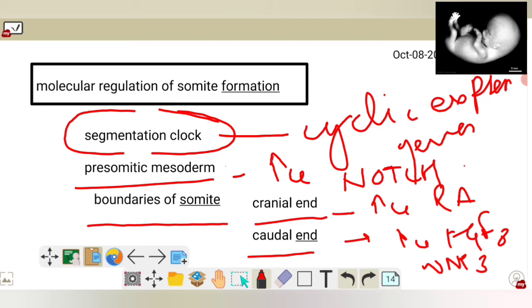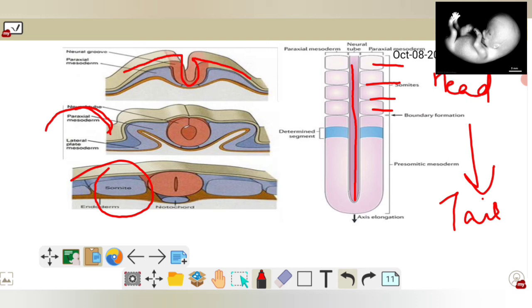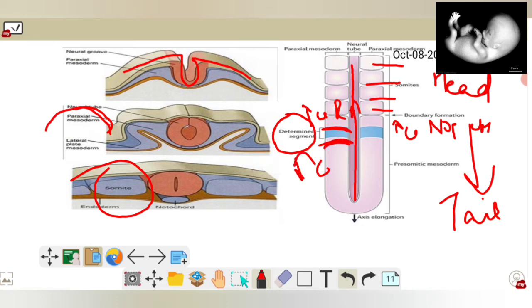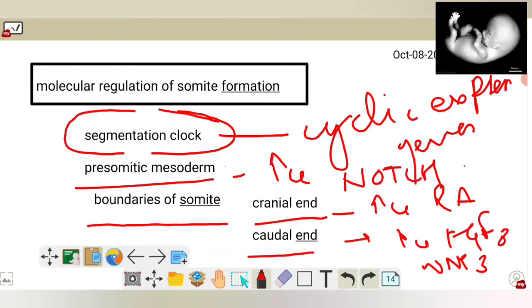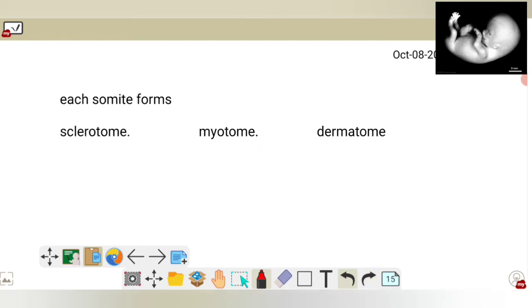Now at the boundaries, at the cranial end, as we see in this diagram, this is the determined segment where there is an increase in Notch, and at the cranial end we have an increase in retinoic acid, and at the caudal end we have an increase in fibroblast growth factor 8 and WNT3A gene. This is how, at the molecular or genetic level, the somites are formed.